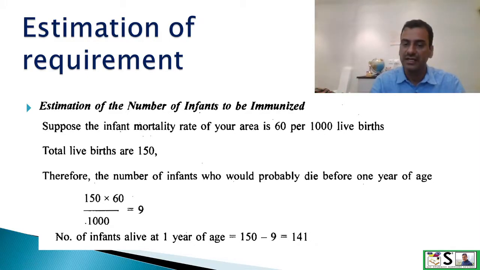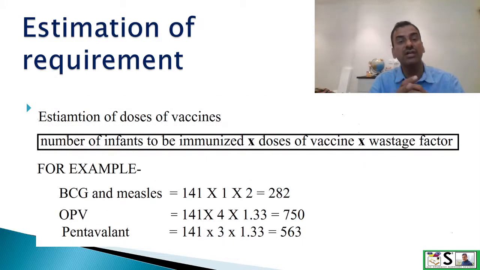Infants. Then how will we calculate the doses? Here we calculate the dose as the number of infants to be immunized multiplied by the dose of the vaccine. How many doses are given? For example, for BCG we give 1 dose, for pentavalent we give 3 doses. So here we write 1 or 3 accordingly, and then we also multiply it by the wastage multiplication factor.